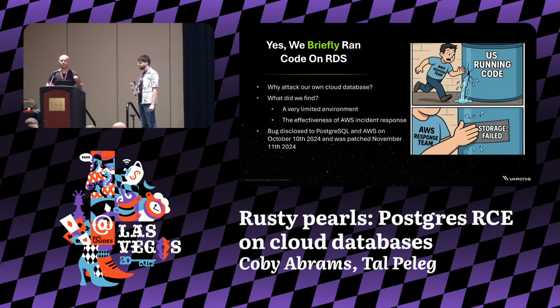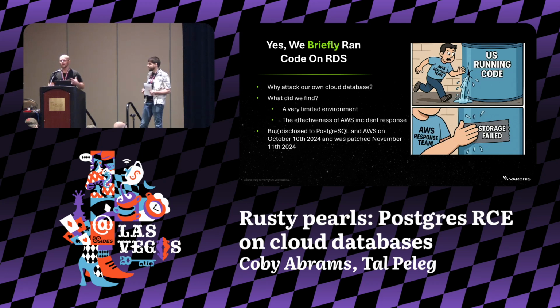We were just trying to test for different container escape vulnerabilities that may exist. But what we found was a very limited environment. There wasn't much that we could do. There weren't very many binaries that we could run. And this actually created a problem for us because we couldn't run the Rust GDB script because it relied on some binaries that didn't exist in the RDS instance.